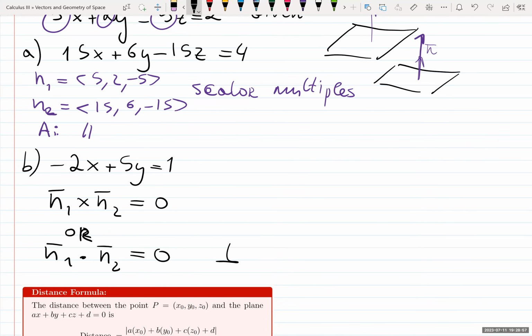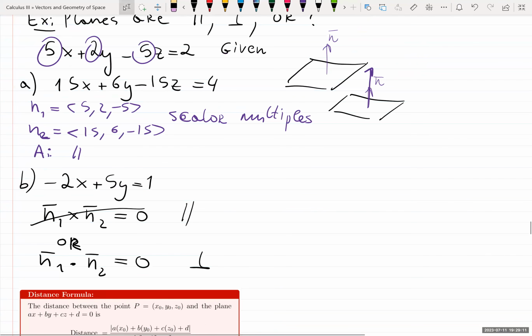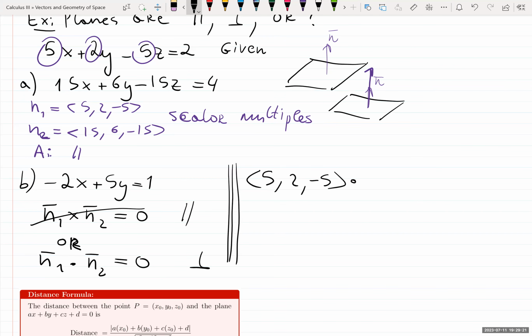If the cross product gives you 0, they are parallel. You can do that, but one is just longer. So usually people do the dot product, right? Let's check the dot product. It's faster. Then it's going to be 5, 2, minus 5, that's the original one, dot product with minus 2, 5, and 0, this missing one, equals, yay, it is 0.